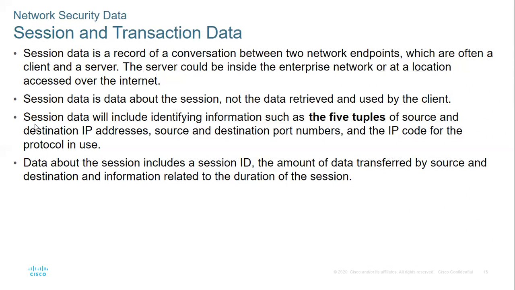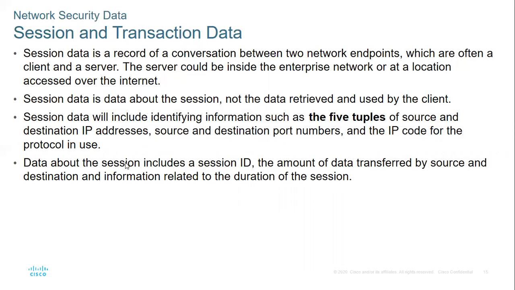We can identify this session data by using what are known as the 5 tuples. What are the 5 tuples? Here we talk about the source and destination IP addresses, source and destination port numbers, and also the IP code for the protocol that has been used.